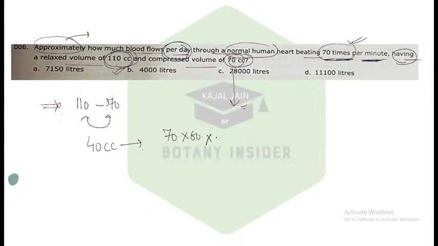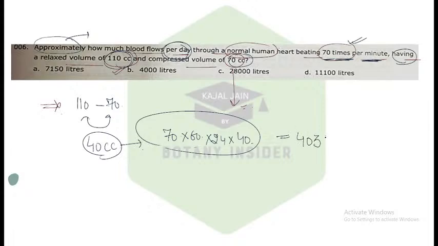In 1 day you have 24 hours, right? And for a single beat the volume is 40 cc, right? You just have to multiply all of these things, and when you multiply this you'll get the answer as 4032000 cc. Okay, but you have to find the answer in liters, right?